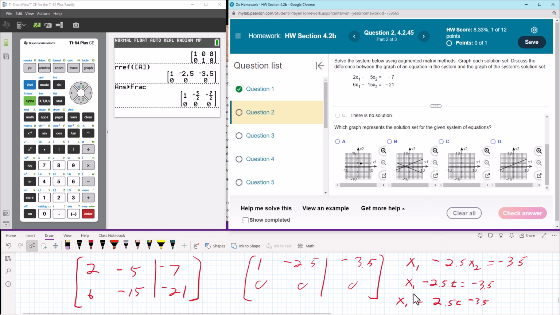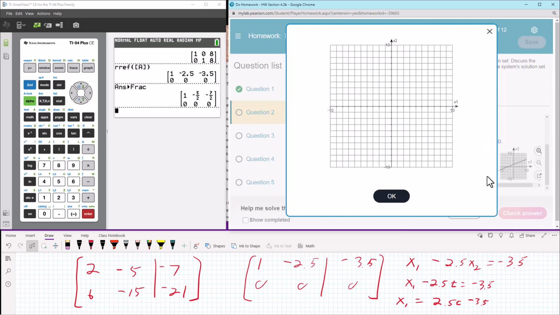Well, notice here now, x1 is expressed in terms of x2. This is a line. It is exactly one line because actually both equations are the exact same line. So it's not a point, cannot be A. It's not two lines because each of these equations plot the exact same line, can't be B. If you take a look at C, it's nothing.